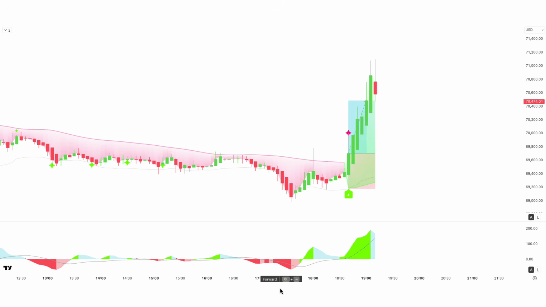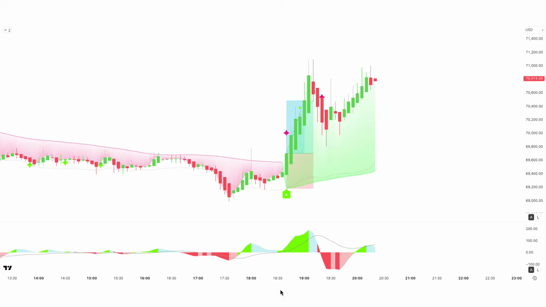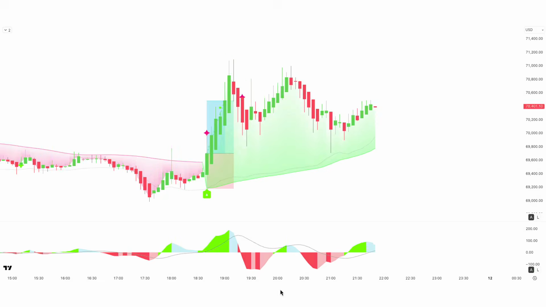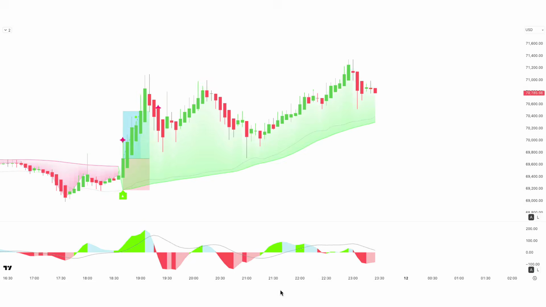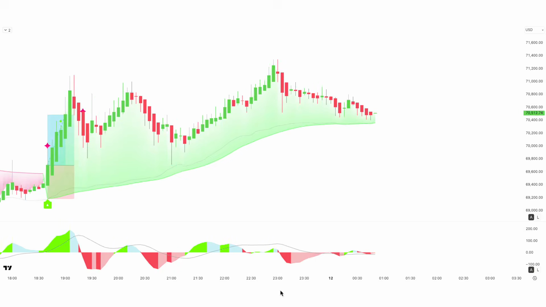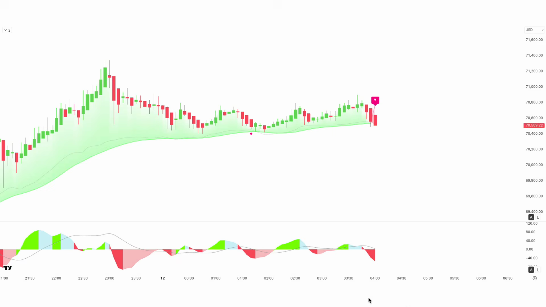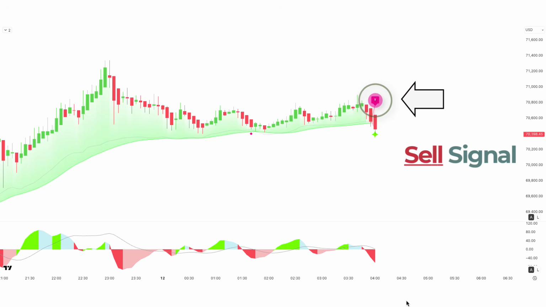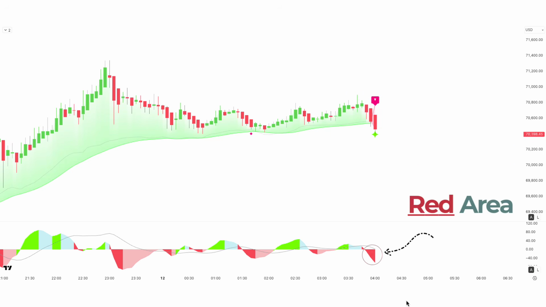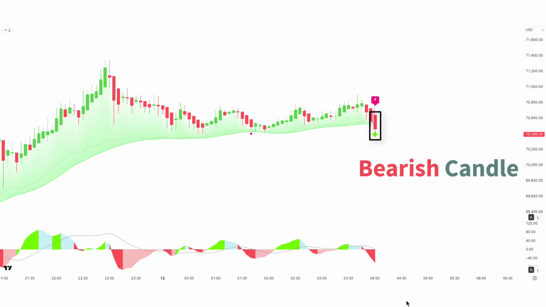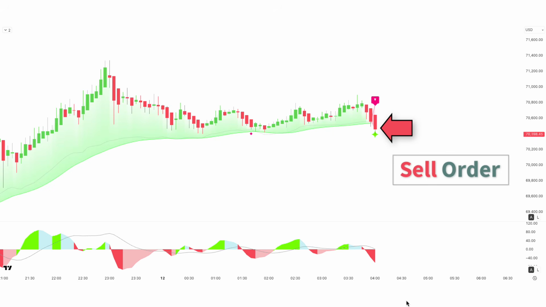Let us now understand the short position. When the dynamic trend pivots arrow of this indicator is a sell signal, when the adaptive MACD is a red area, and when the market forms a bearish candle, if this condition is fulfilled, then we will place a sell order.